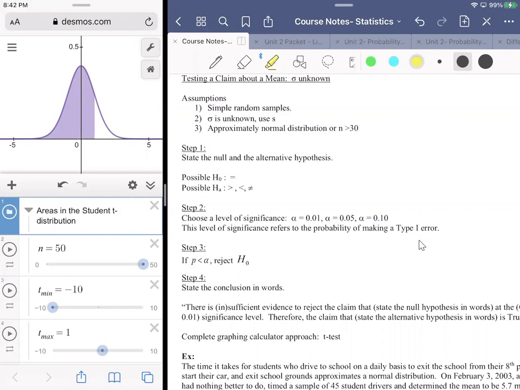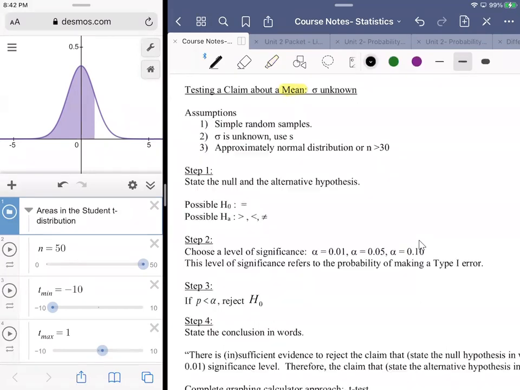So if I'm testing a claim about a mean, and you only get that from the context of the problem, where sigma is unknown, first off, I would want the data to be collected using an appropriate sampling technique, right? With a simple random sample being the most appropriate.